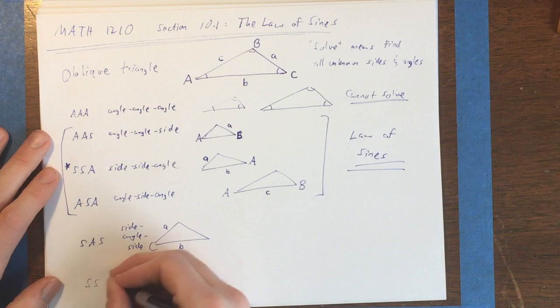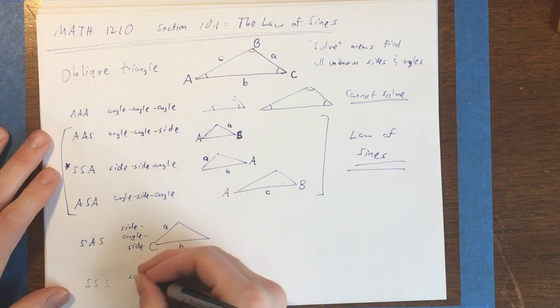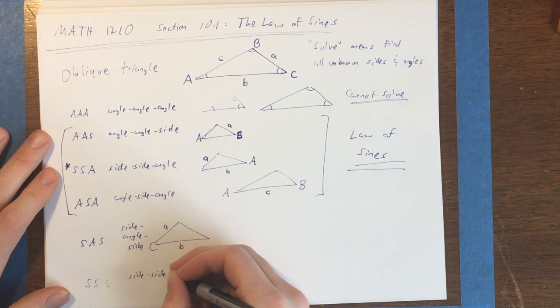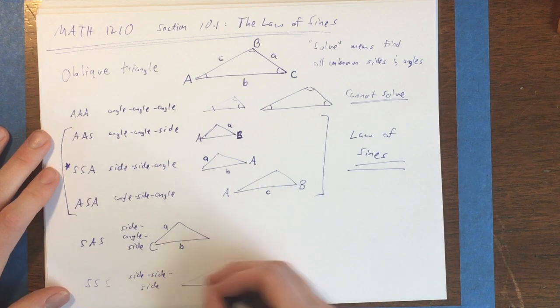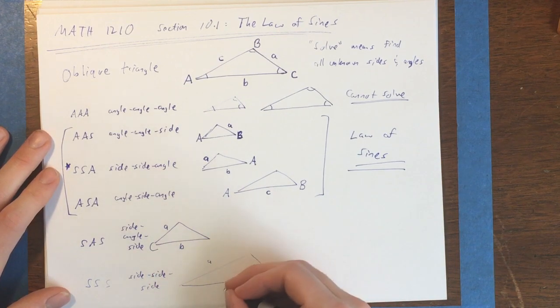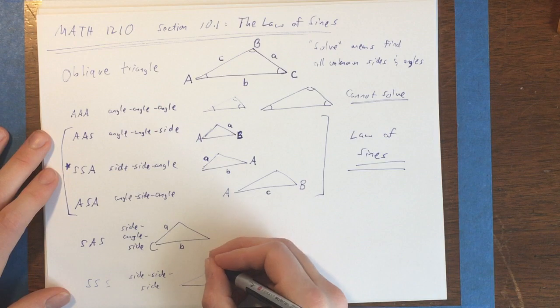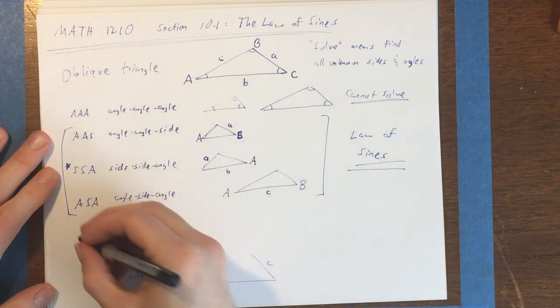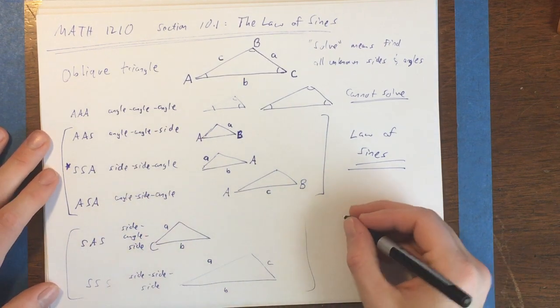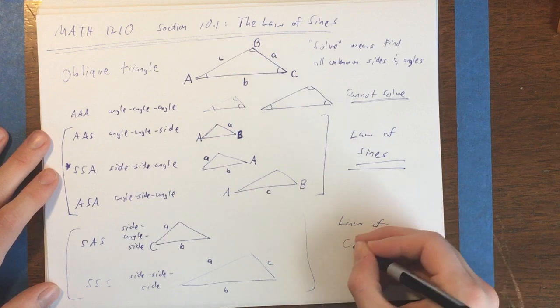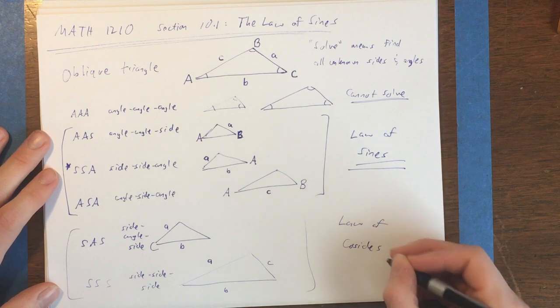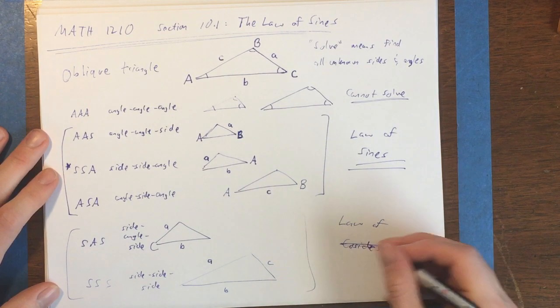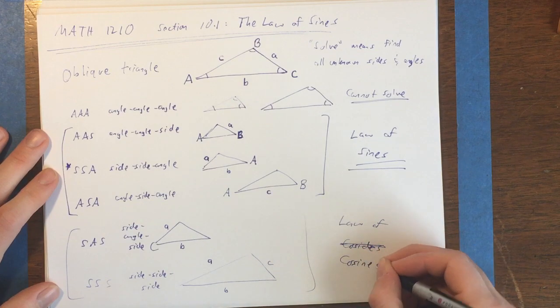And then, of course, side-side-side, where you know all three sides of the triangle, but none of the angles. These are both situations which can be solved using the law of cosines, which we'll go over in 10.2. Gosh, I can't spell today. Cosines.